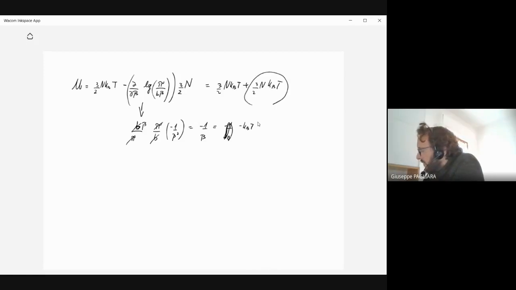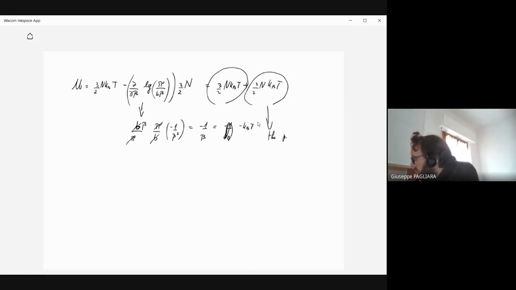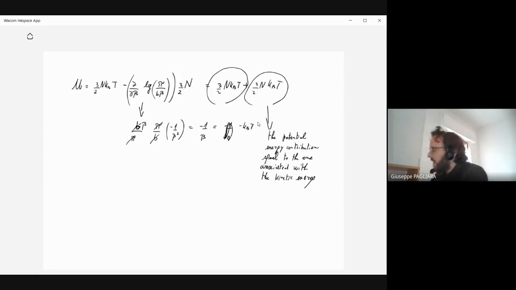Therefore, the potential energy contribution to the internal energy is just equal to the one associated with the kinetic energy. So it's 3n kBT.